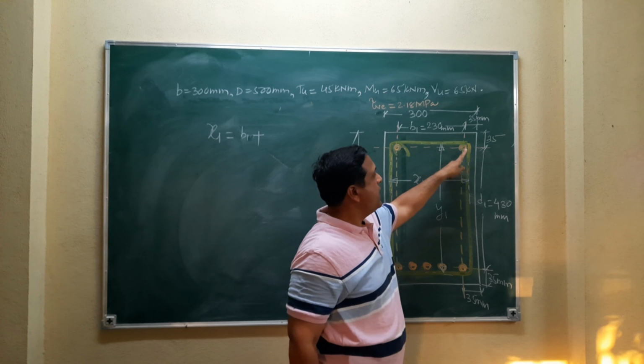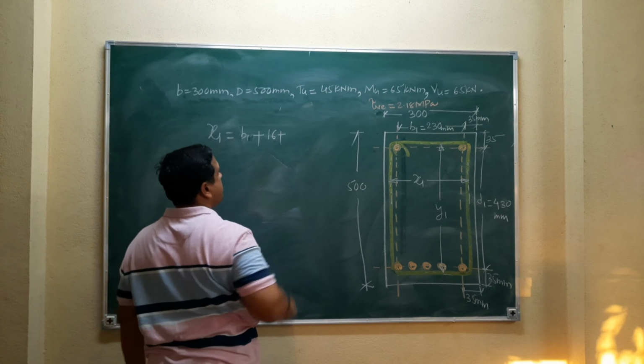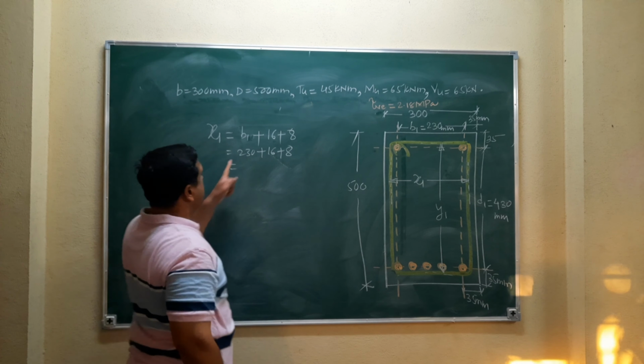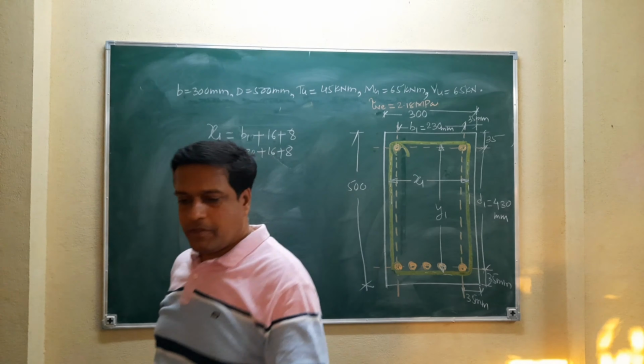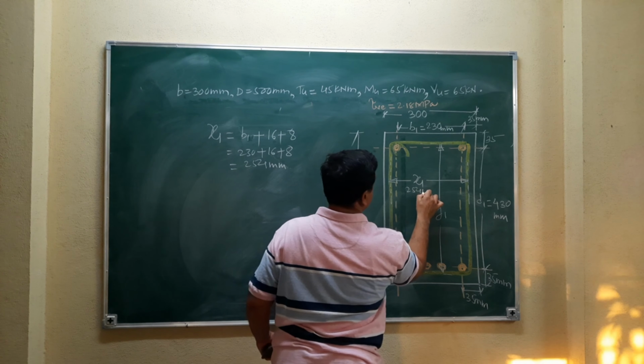Half of 16 is 8, so plus 16. Then for the 8 mm two-legged stirrups, half of 8 is 4 plus 4, again 8. So x1 is 230 plus 16 plus 8, which is 254 mm. So x1 is 254 mm.